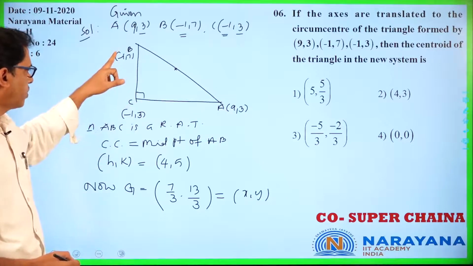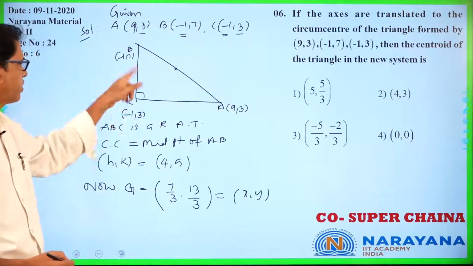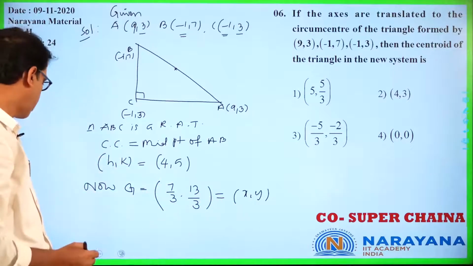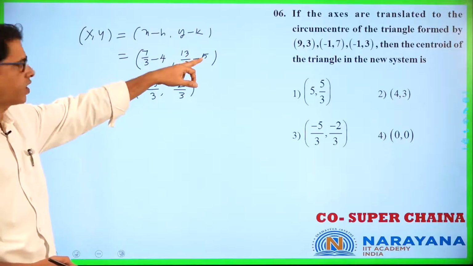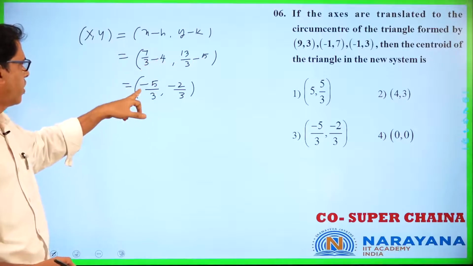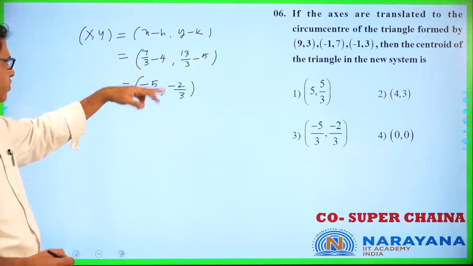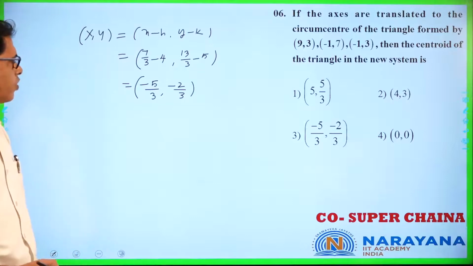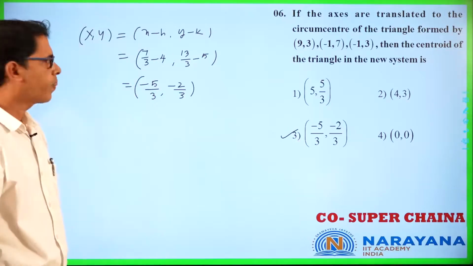The centroid is 7 by 3, 13 by 3. Capital X comma Y is small x minus h, small y minus k: 7 by 3 minus 4 and 13 by 3 minus 5, giving minus 5 by 3, minus 2 by 3. Option 3 is the right option. Okay. Now next one.